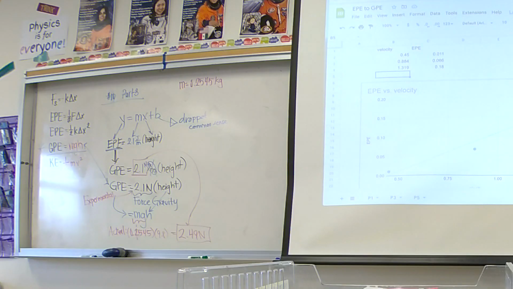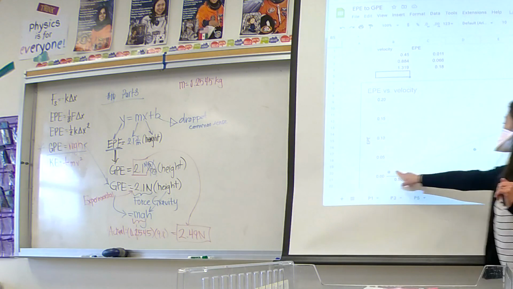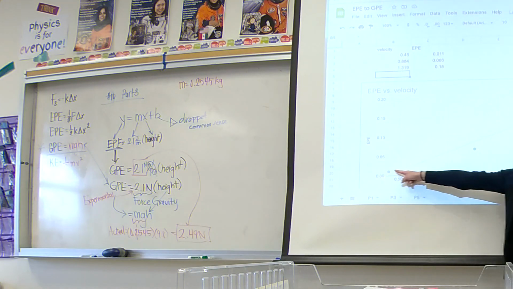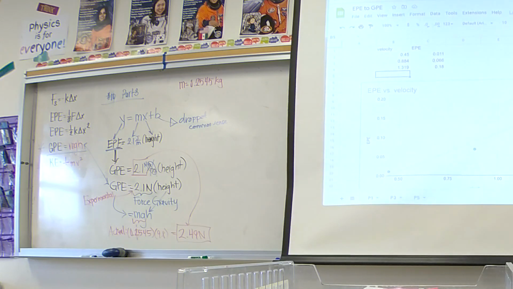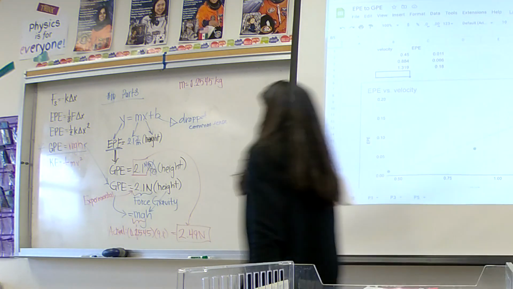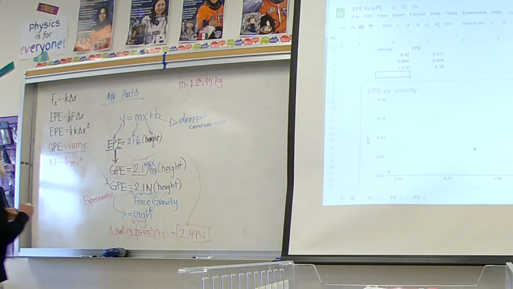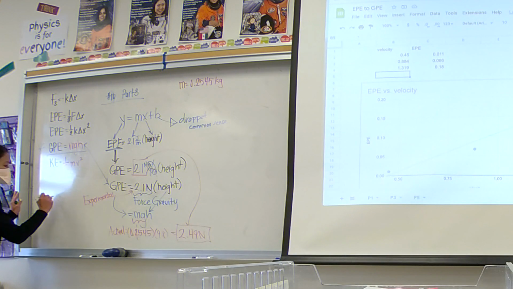Here in this data, the velocity we collected, if you notice, makes more of a curve shape. And we've seen this curve shape before. Do you remember when we collected acceleration data in our second unit? Acceleration was proportional to x squared.